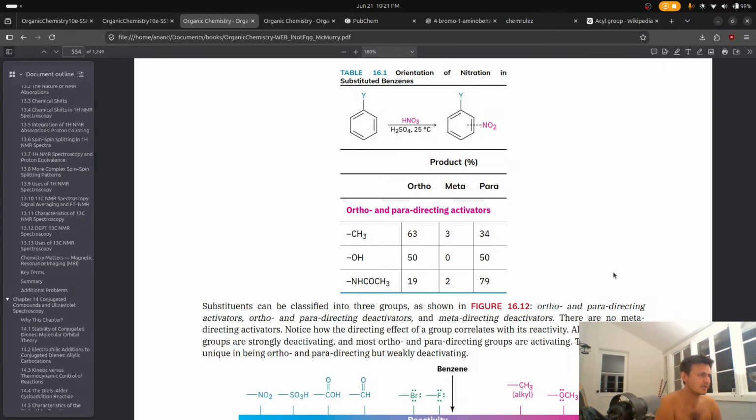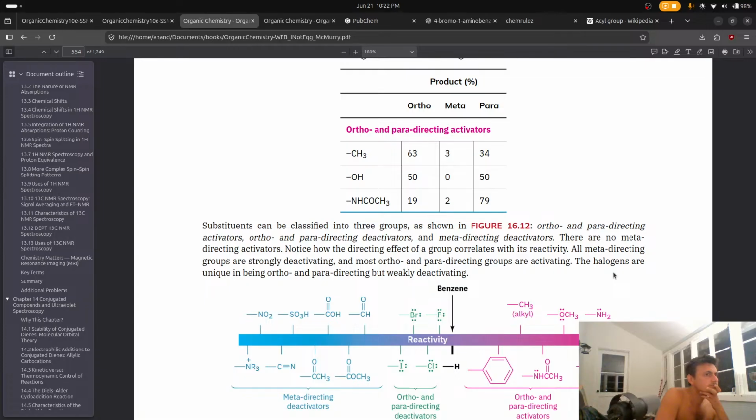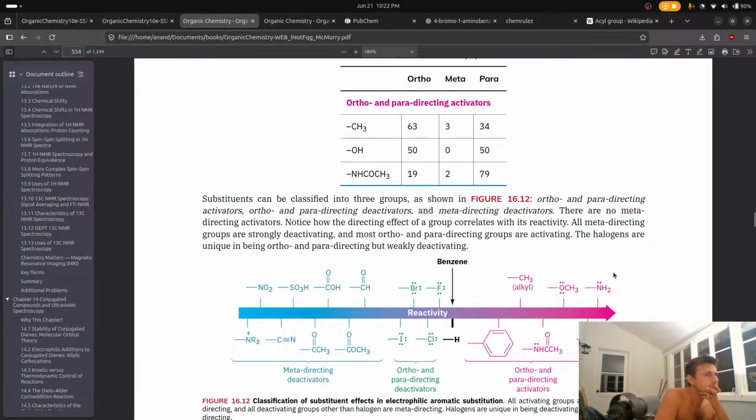All meta-directing groups are strongly deactivating.